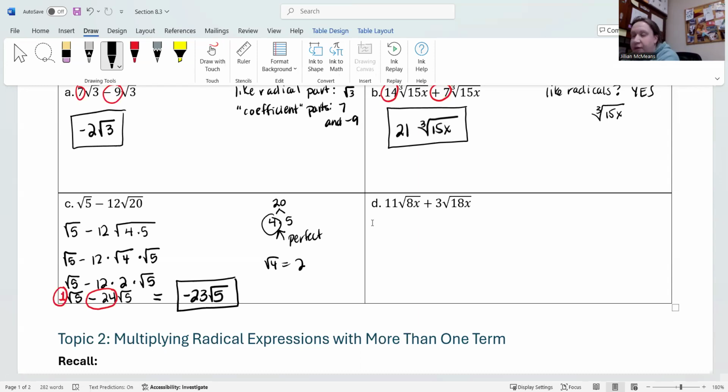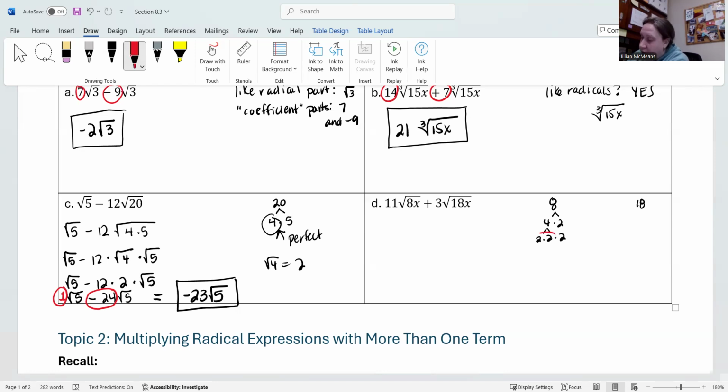So part D, we have 11 square root 8x plus 3 square root 18x. Well, right off the bat, they don't look like like radicals, but let's see if they simplify down. So let's look at 8, and then we'll look at 18 separately. Well, 8 is the same as 4 times 2. 4 is the same as 2 times 2. And remember, when we're dealing with a square root, we're looking for two identical factors.